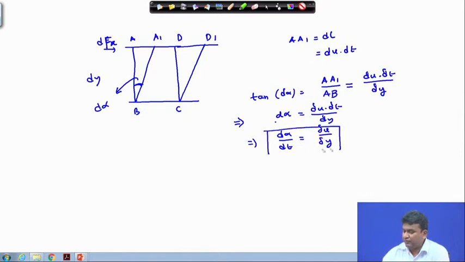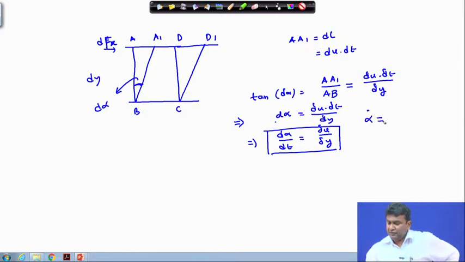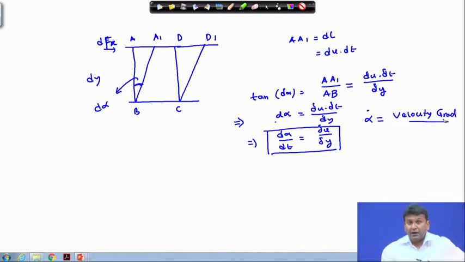So what we have got is that the rate of angular deformation is equal to the velocity gradient. Now, one can argue that this force has resulted in a shear stress. What is the magnitude of this shear stress?